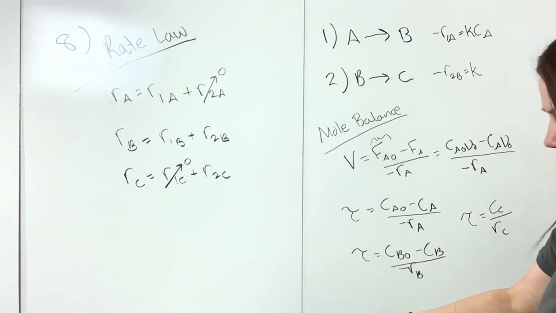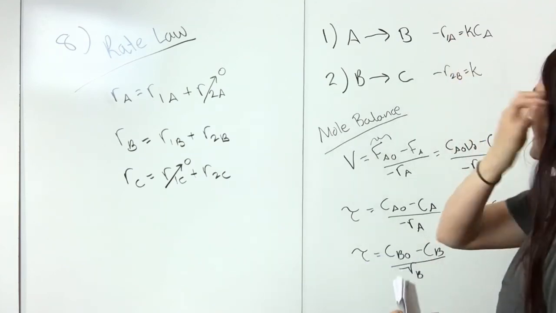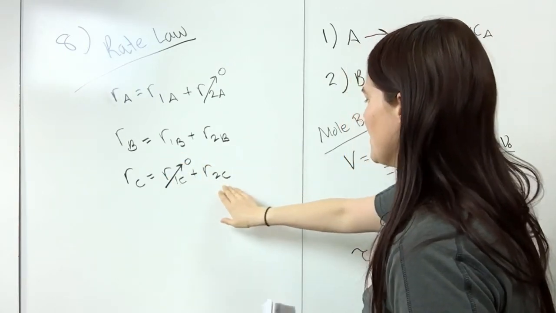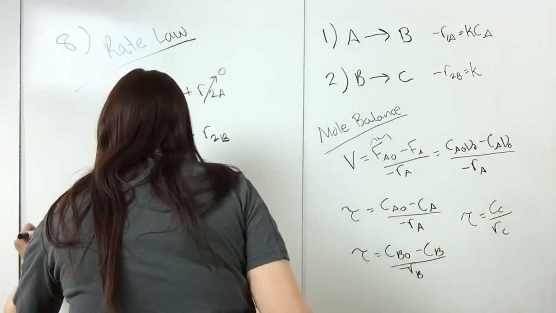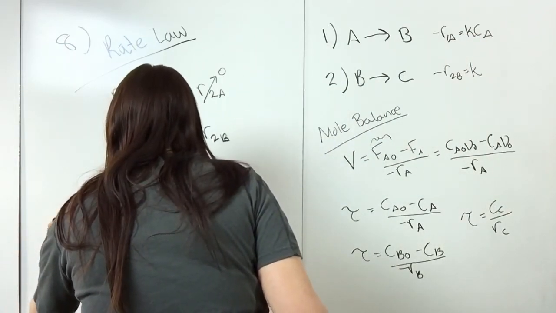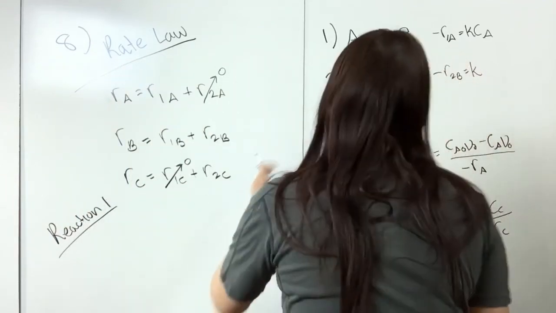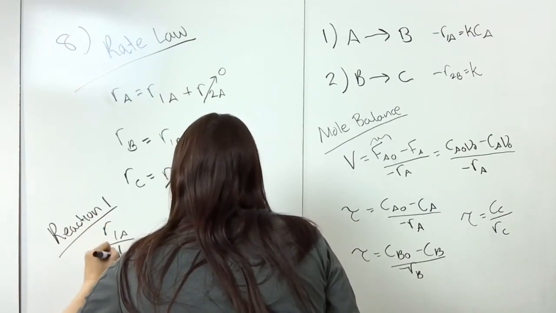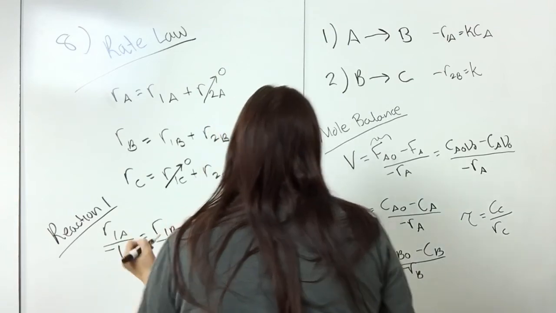We know R1A and we know R2B, so we need to figure out what R1B and R2C are. We can do that with stoichiometry. Starting with reaction 1, we know that R1A over minus 1 is equal to R1B over 1.